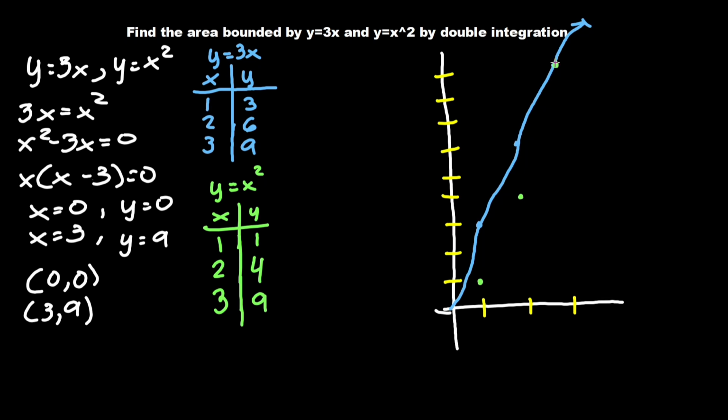So it will intersect at 3 and 9, which proves our calculation is correct. Anyway, that is our graph. The green line here is y equals x squared, and the blue line corresponds to y equals 3x.